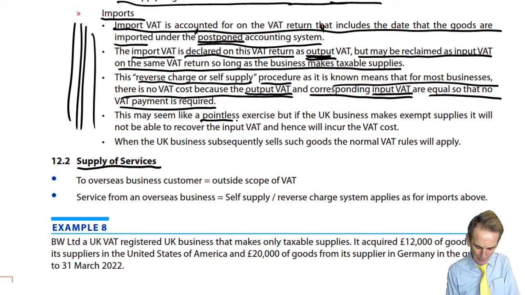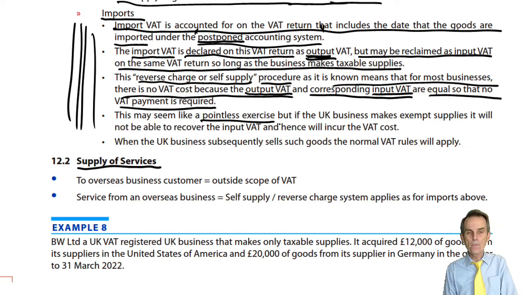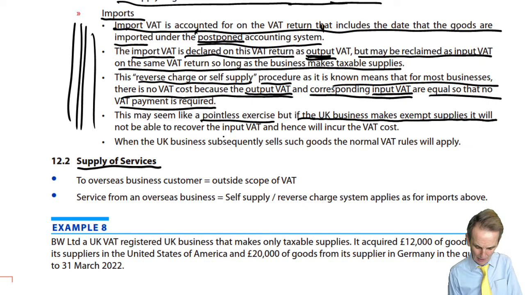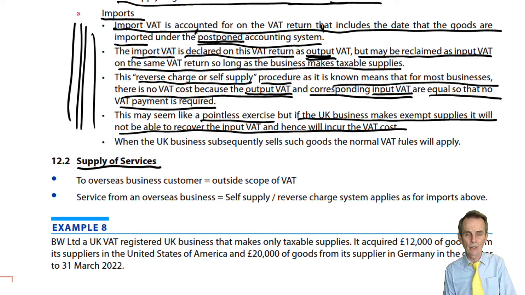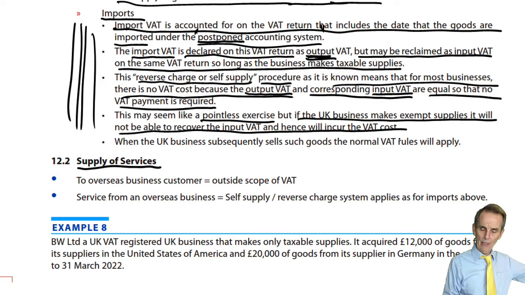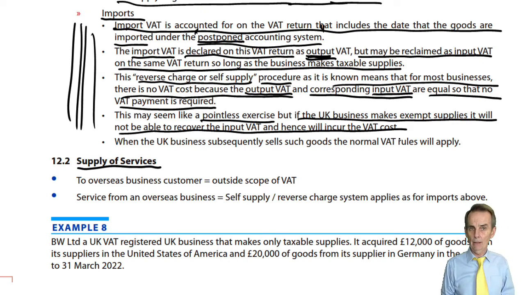Again, it seems like a pointless exercise, but I hope you understand now why we do it, because if the UK business makes exempt supplies, it will not be able to recover the input VAT and hence will incur the VAT cost, meaning that with a like-for-like purchase of £10,000 from the UK supplier or the overseas supplier, now by having this system, if we make an onward sale in relation to a taxable supply, our net cost under either system is £10,000.